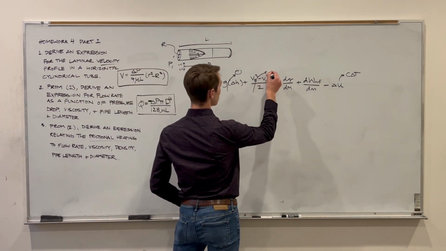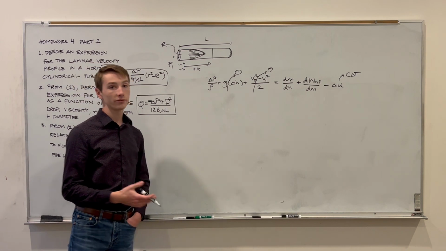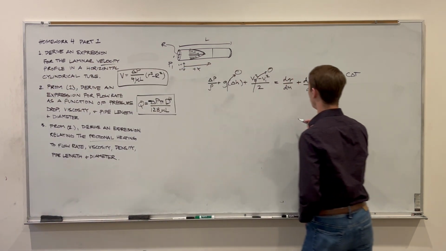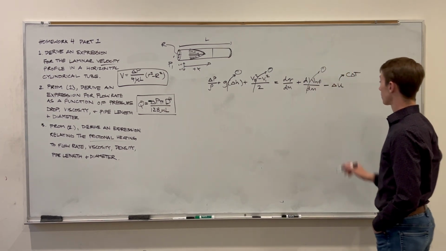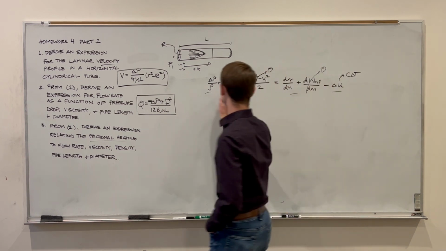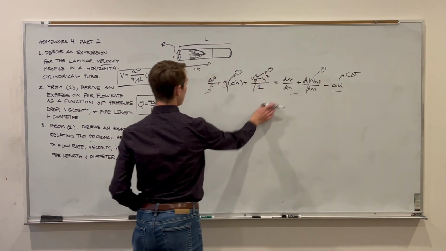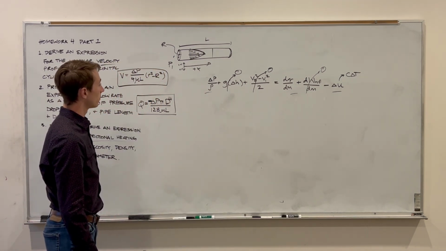So this is also 0. We're not introducing any non-flow related work to the system over the course of its travel in the pipe, so this term is 0. And that means we're left with this one, and this one. So we have a change in internal energy, heat, and change in pressure over density.